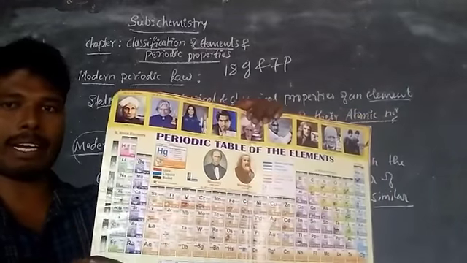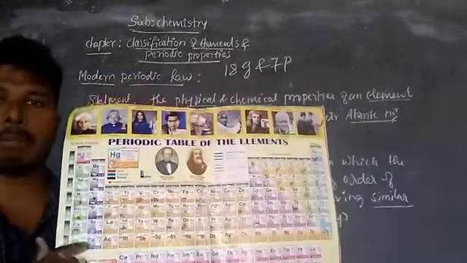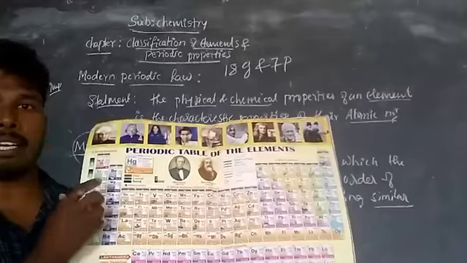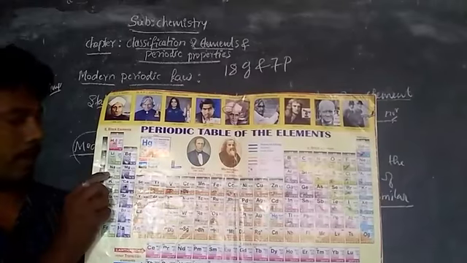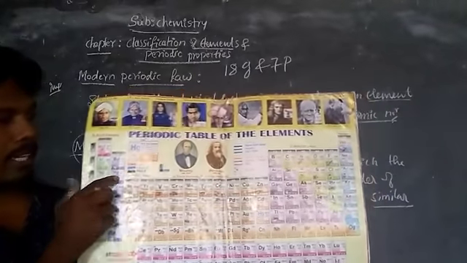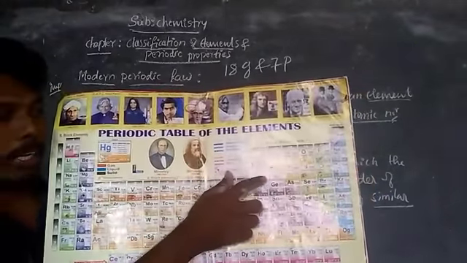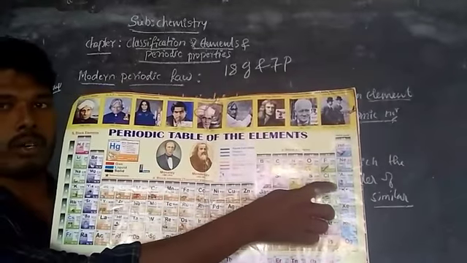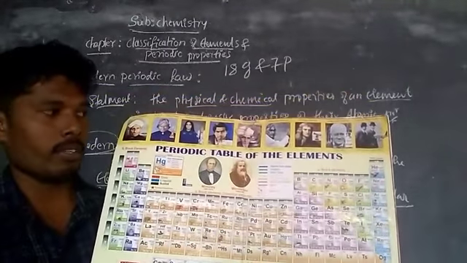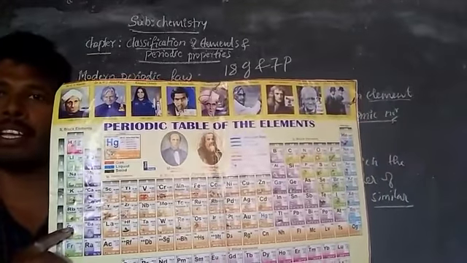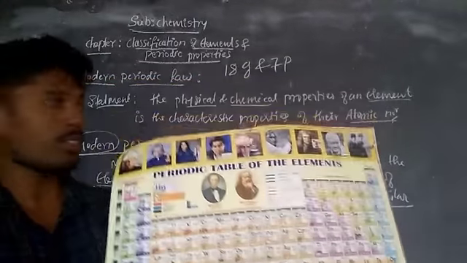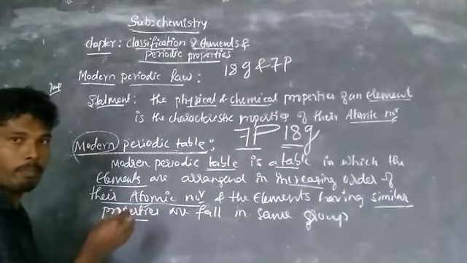The second period consists of how many elements? 8 elements. Similarly, see the third period: sodium, magnesium, then aluminium, silicon, phosphorus, sulfur, chlorine and argon. The third period also contains how many elements? 8 elements.